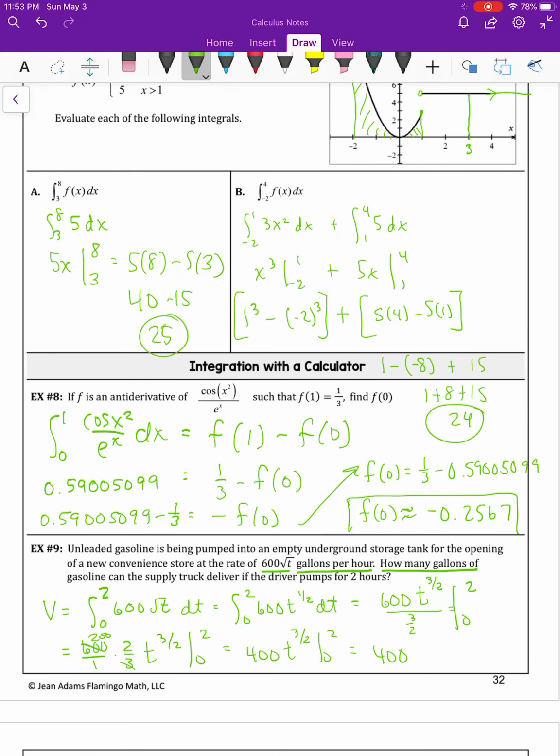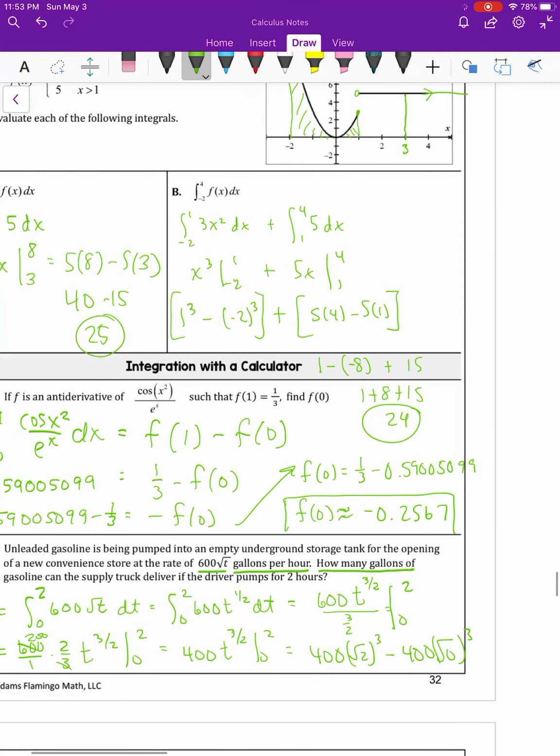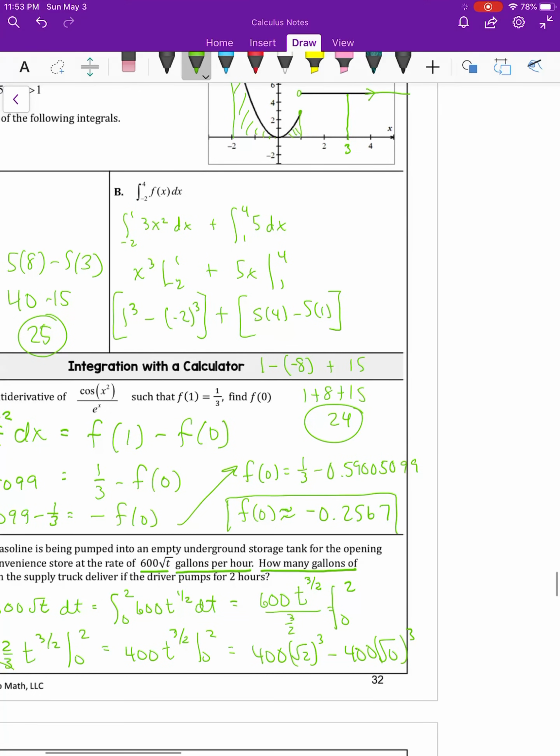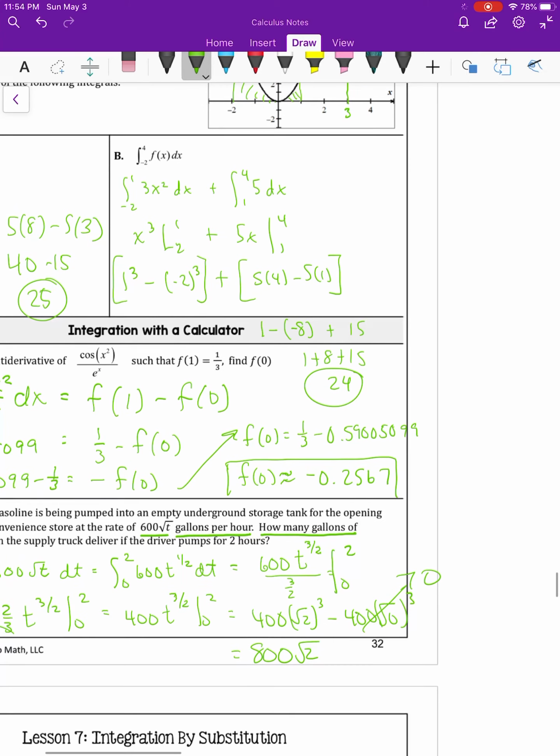So divide by 3 is going to give us 400, 200 times 2, 400 t to the 3/2 from 0 to 2. So 400 times the square root of 2 to the 3rd minus 400 times the square root of 0 to the 3rd, which we know is just going to go to 0.